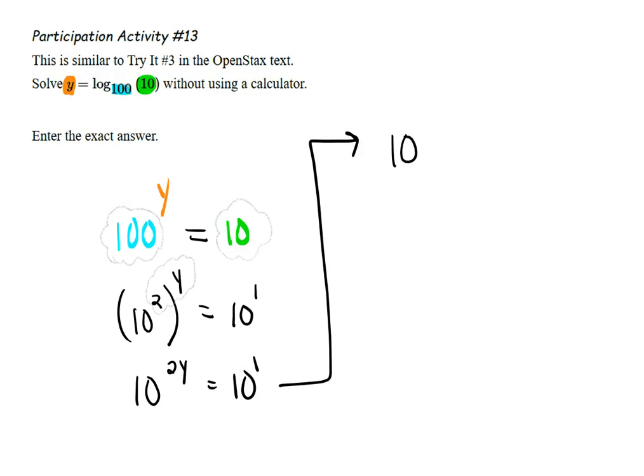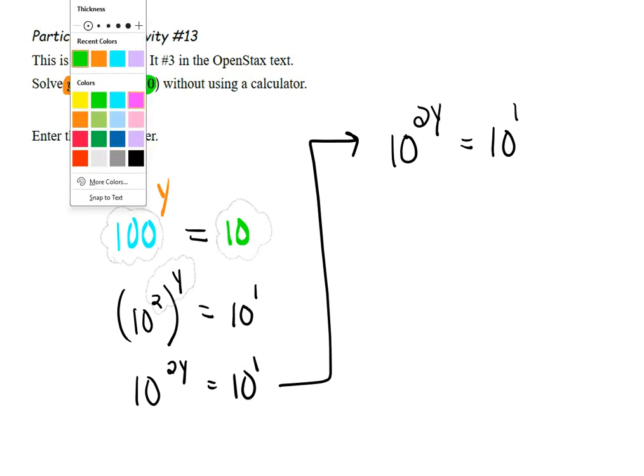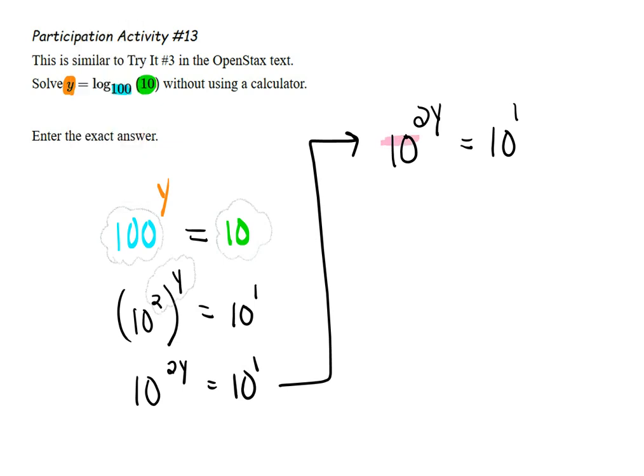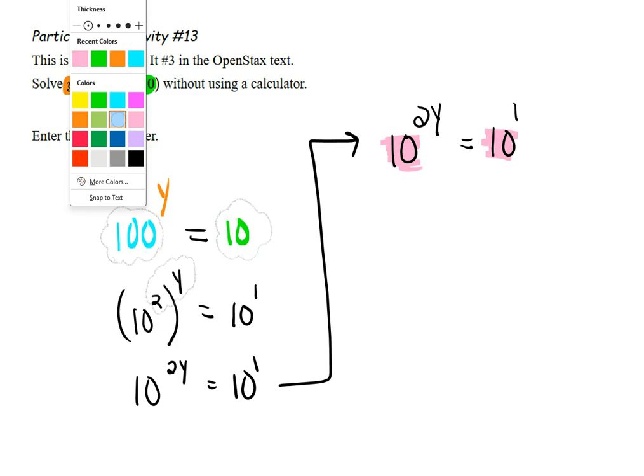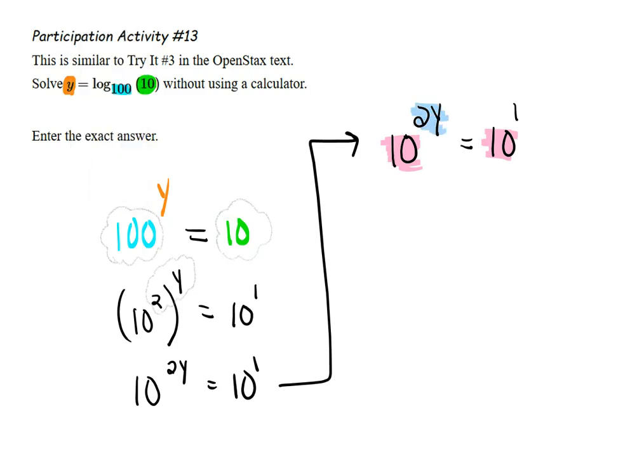If I have a 10 to the this, and it equals a 10 to the that, if your bases are both the same number, then that means your exponents should both be the same number.